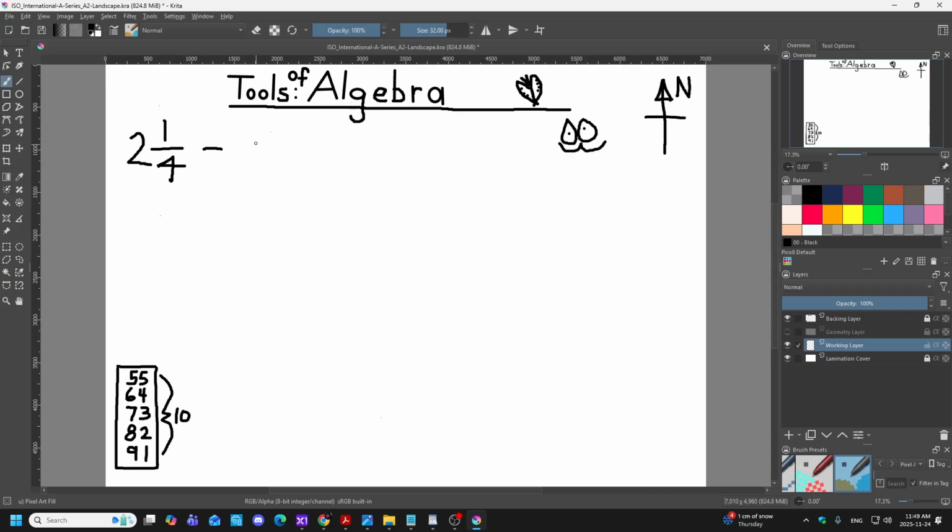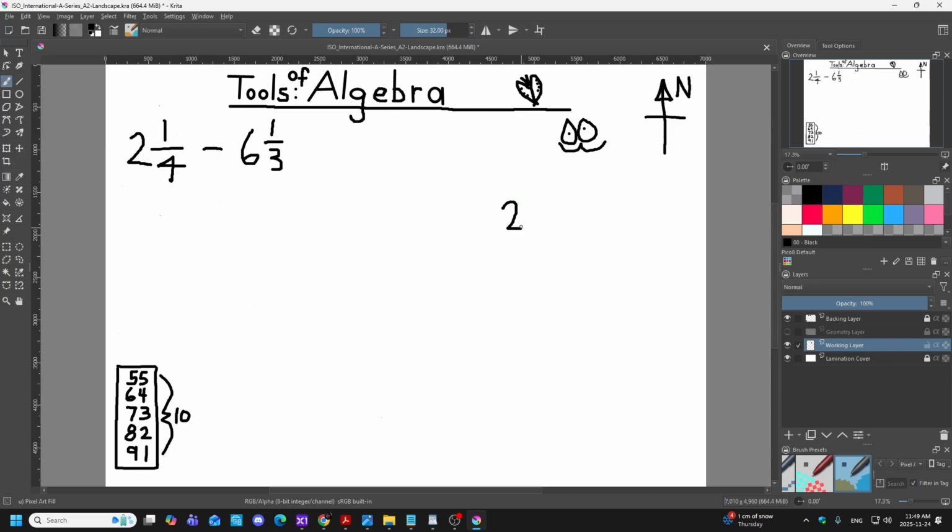I'll show you easily how this can be done. Okay? So what we need to do is, we have 2 1/4 subtract 6 1/3. What we need to do is turn these into improper fractions, okay? The fraction types that we've been working with so far.